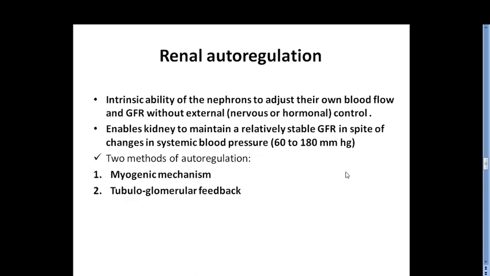Because of the intrinsic regulatory mechanisms of the kidney, there is very slight variation in the GFR. In renal autoregulation, two mechanisms are involved: the myogenic mechanism and the tubuloglomerular feedback mechanism.